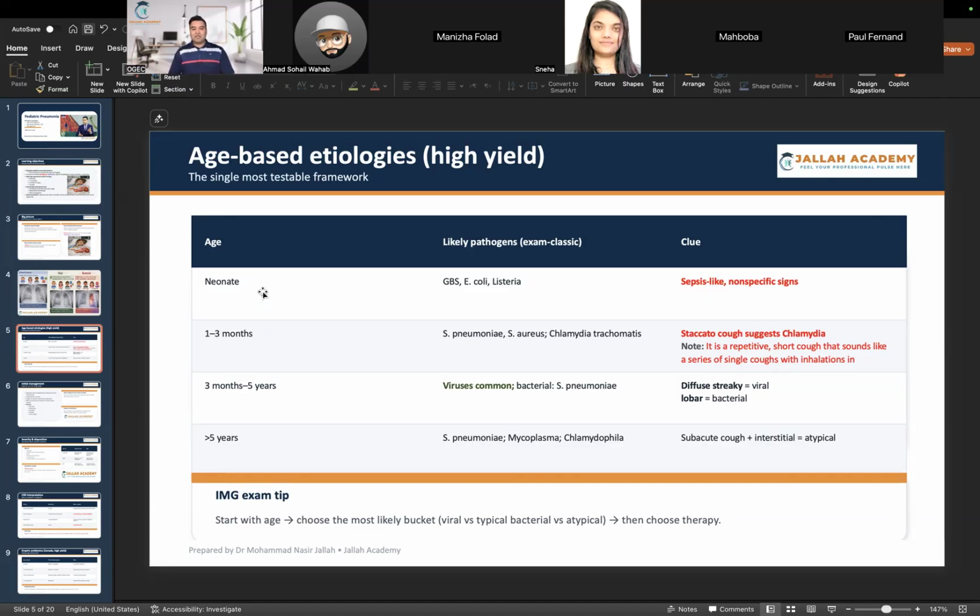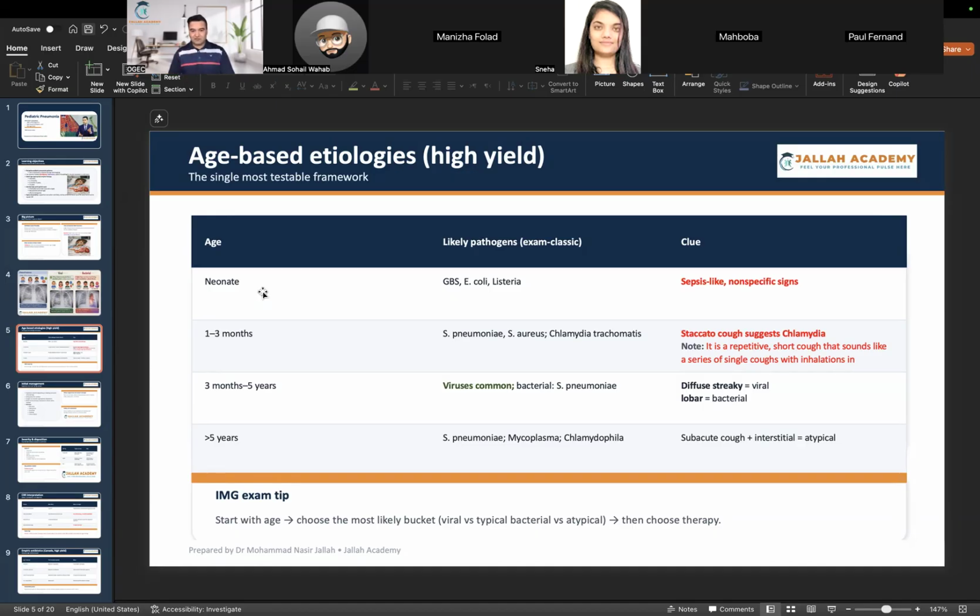Now, let's say the patient is 1 to 3 months. Streptococcal pneumonia, Staphylococcus aureus, chlamydia. Staccato cough suggests chlamydia. What does it mean? It is a repetitive short cough that sounds like a series of single coughs with the inhalation.